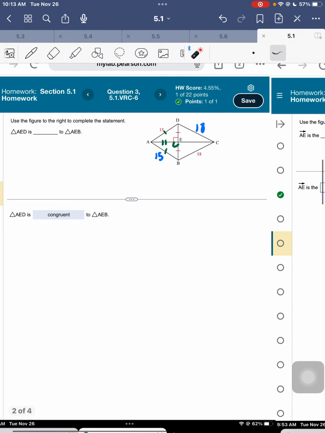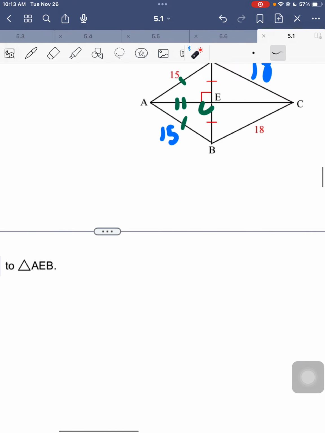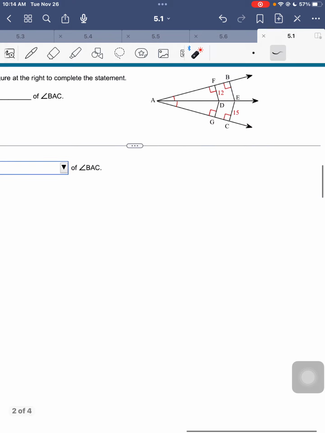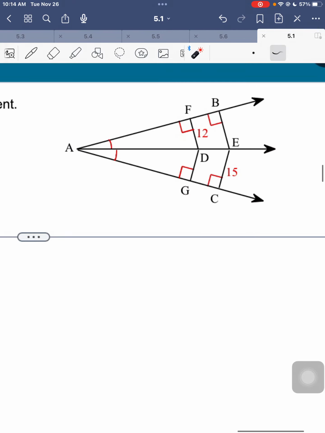Okay? So now, one more time. If you have a perpendicular bisector, any point on this perpendicular bisector, A is a point, is equidistant to the endpoints of the segment that was bisected. The same thing goes for angles, angle bisector. If I have an angle bisector, do we see how angle BAC was bisected through this ray AE?